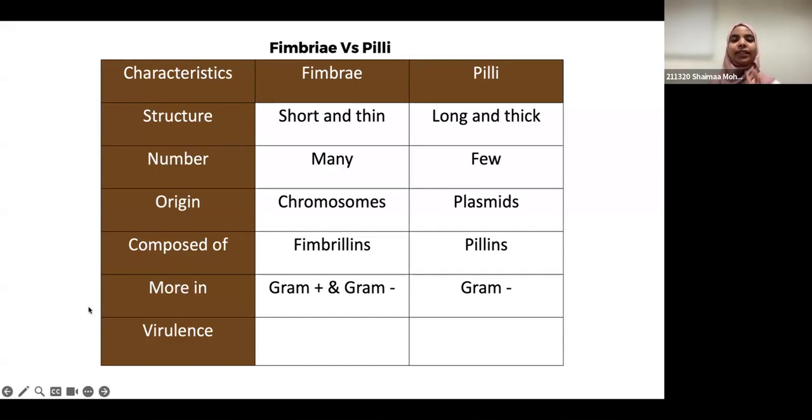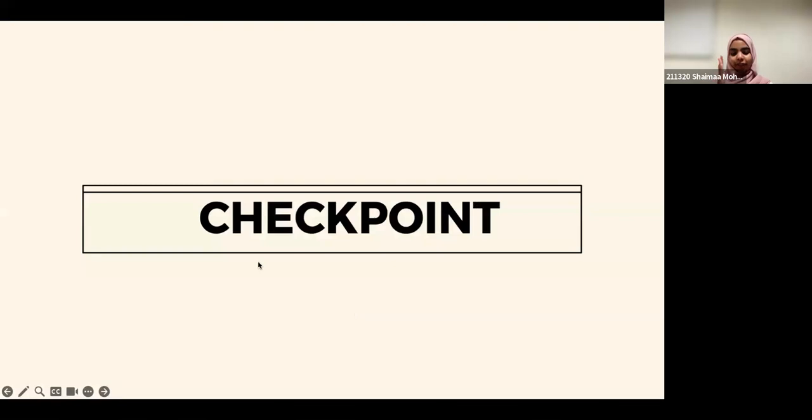Perfect. And what's the virulence factor of fimbriae? Give me two. Here I wrote one, but two. Adherence and antigenic variation. Perfect. And pili? Oops, sorry. You saw it, but basically it helps in antibiotic resistance because you're able to transfer it just through conjugation. Okay. So this is for the appendages.